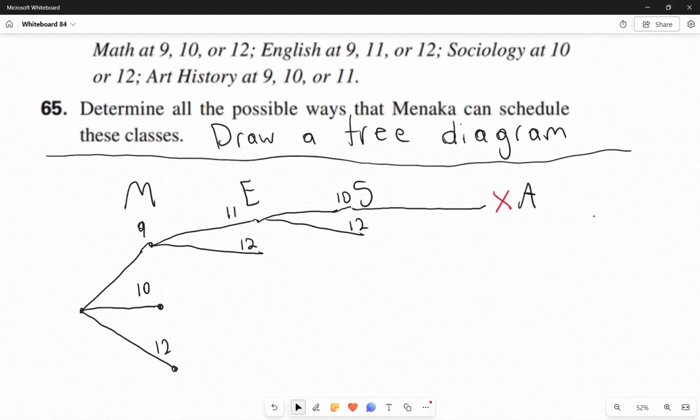If she takes math at 9, English at 11, and sociology at 12, she can take art history at 10. So that's one possibility. Next, if she takes math at 9 and English at 12, she can only take sociology at 10 and art history at 11.